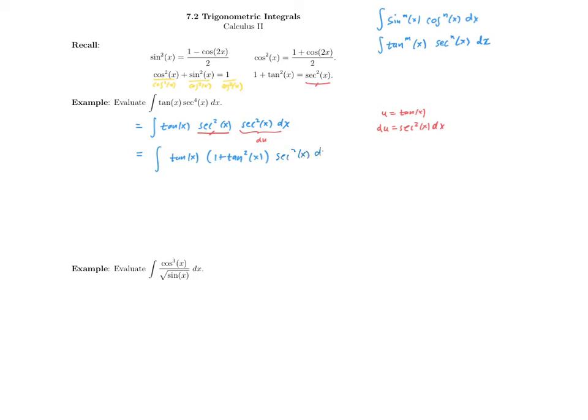And this technique that we've used is something that I will refer to as a power reduction technique. We've, in a sense, reduced this power of secant in a way that allows us to rewrite and do a substitution.